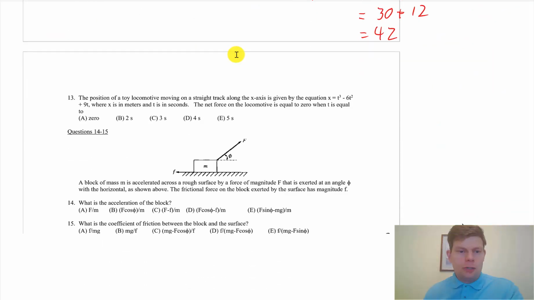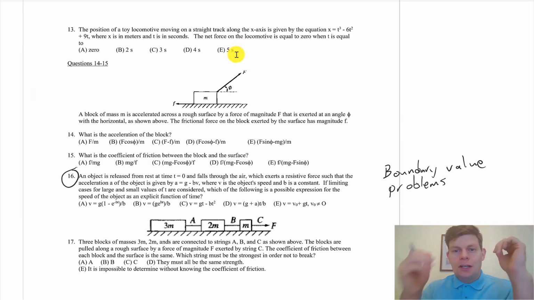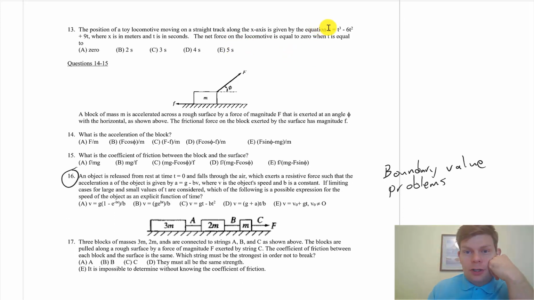A little bit of a longer one. Let's try this. We've got some function for position, which is great. We want to find out when net force would be equal to 0.